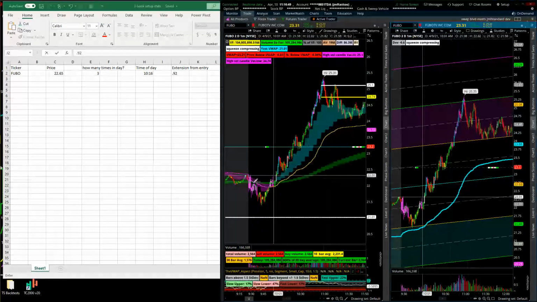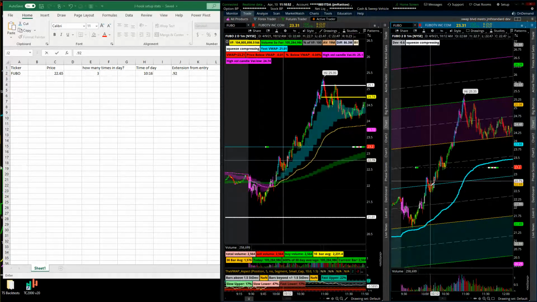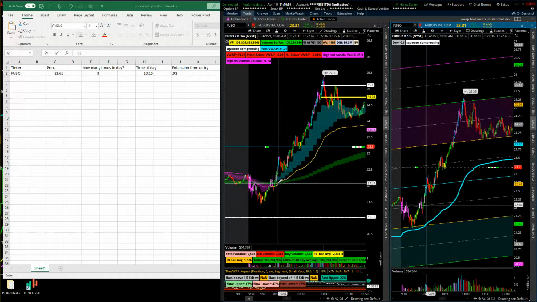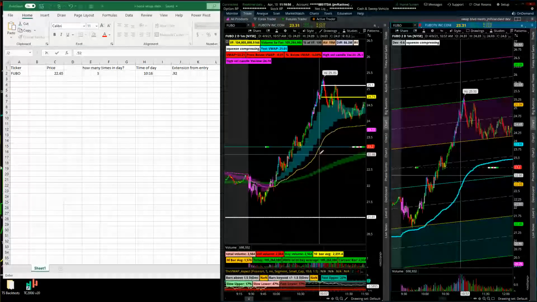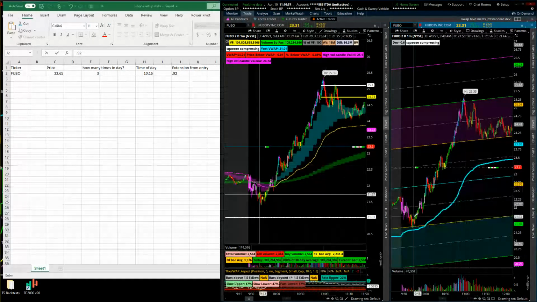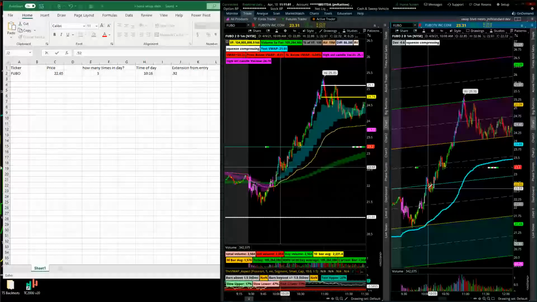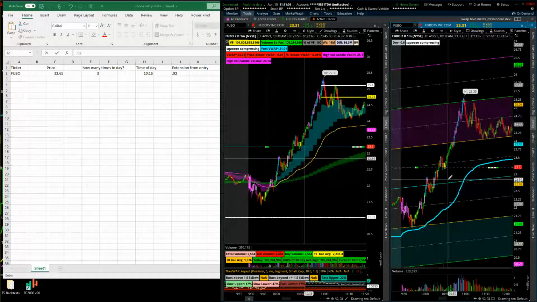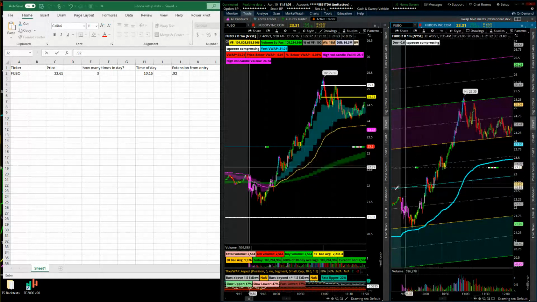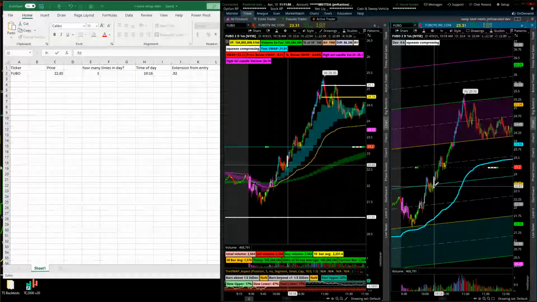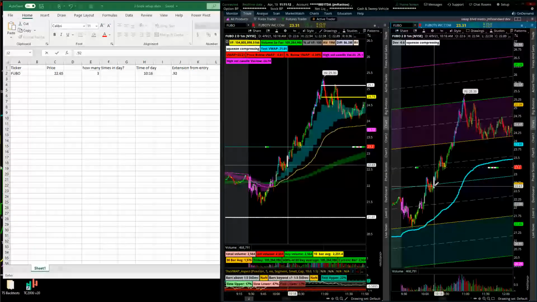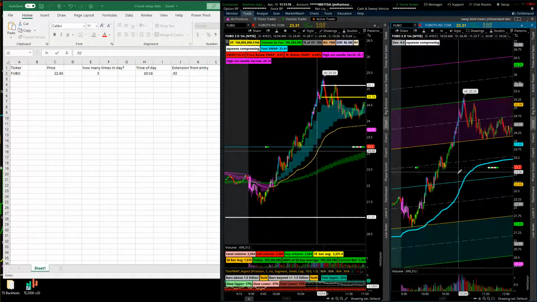Is it price structure or am I going to use an indicator for that? Some people use VWAP, some people use moving averages. I use standard deviation. So on this first one, I see it holding standard dev, right? It's holding the linear regression. So what signal is going to mark basically the top and the bottom of this? So what are my targets and my entry signals going to be, right?